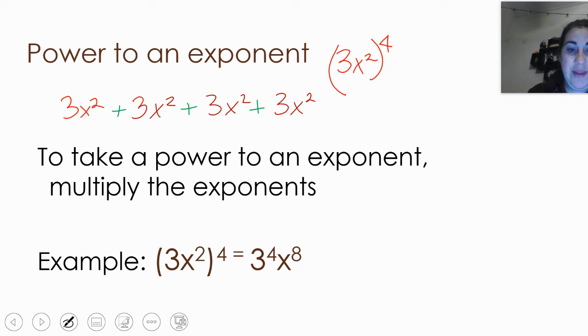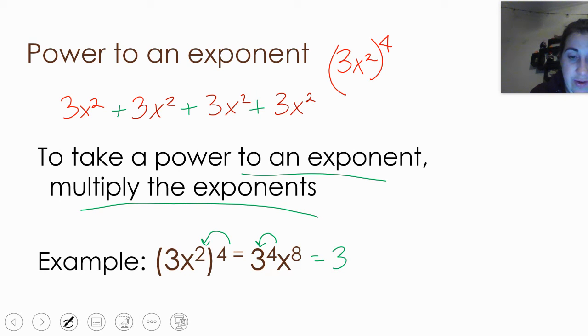So this is really, we can take a power to an exponent. We can multiply the exponents. So in this case, we're actually multiplying it, right? So I have 3 to the 4th, and then 4 times 2. So 3 to the 4th would be 12, and then I have 8 power of 8, right? Because 2 times 4 is 8.